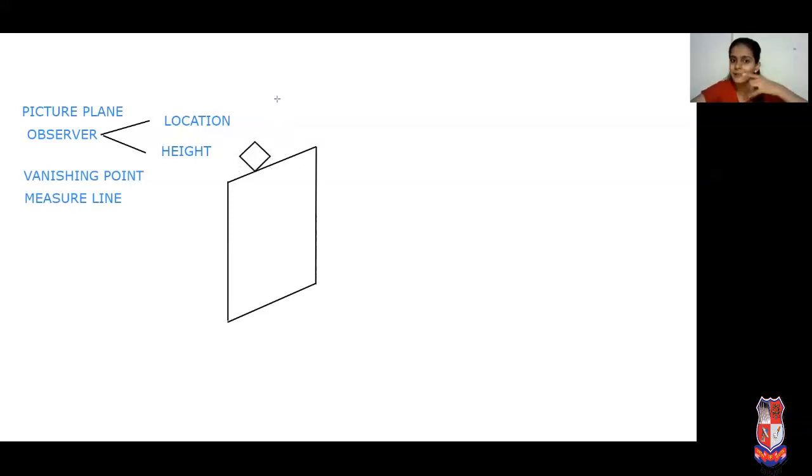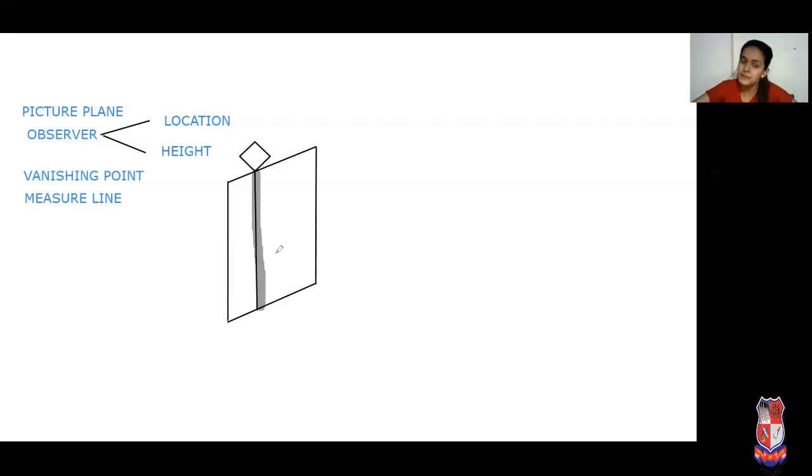The square is the object. If I draw a vertical line through that point, the point of the object which is touching the picture plane, then this vertical line is known as a measure line. What is the importance of the measure line?